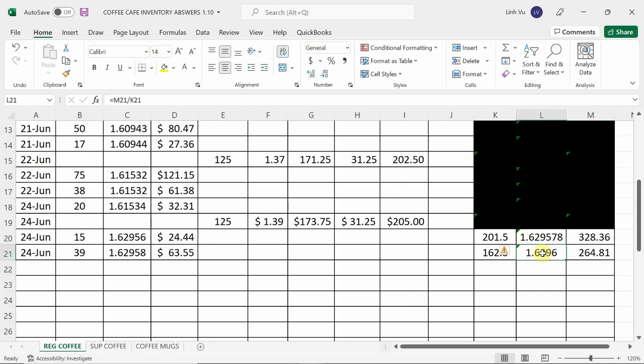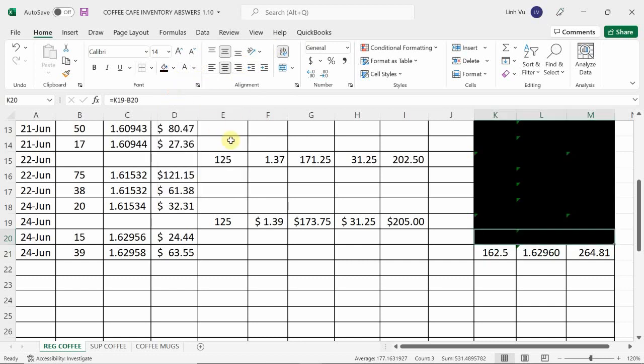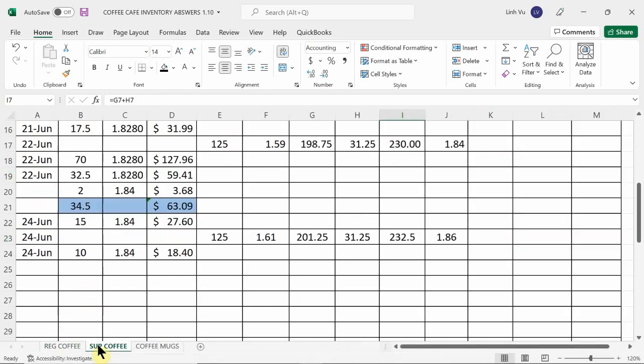Okay, so in this case, I'm going to extend it one more number. So, okay, it's 6 even. Okay, there you go. So now we have $63.55 for the cost of goods sold for the regular coffee.